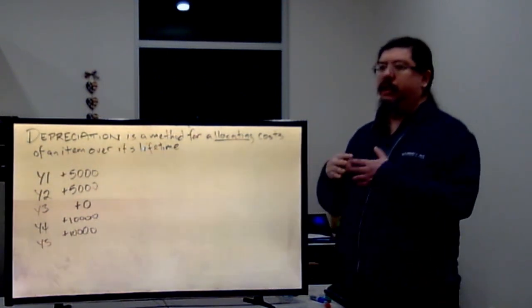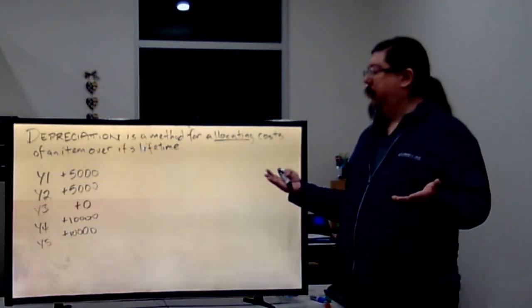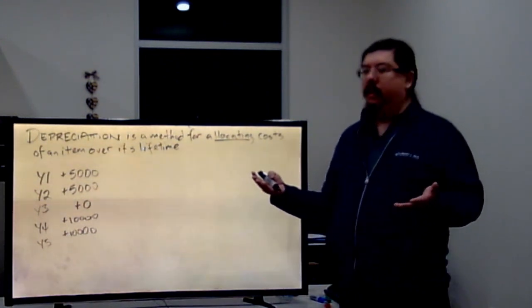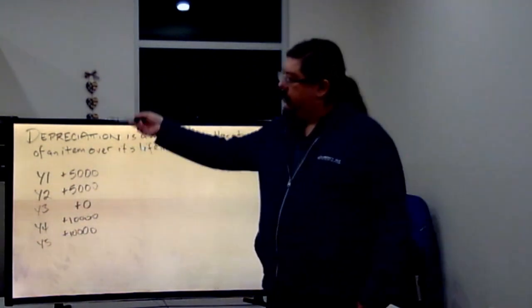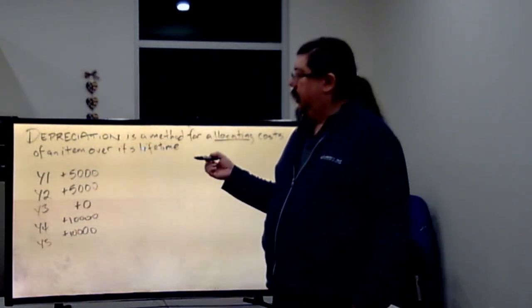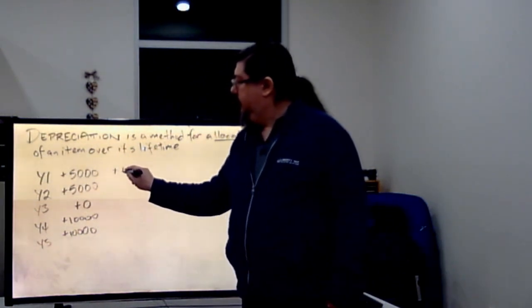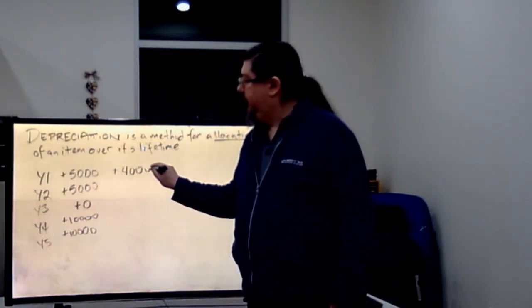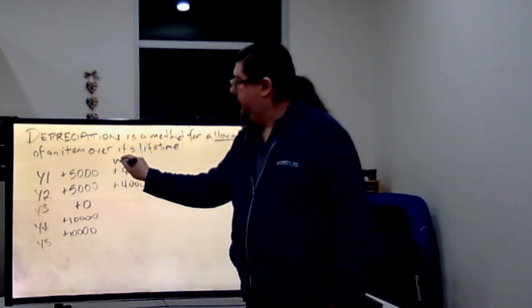But let's say these machines last on average 10 years. So what I should really be doing is depreciating that first machine that I had. So really, I would be in the middle of depreciating that first machine that I owned. So this is with depreciation.